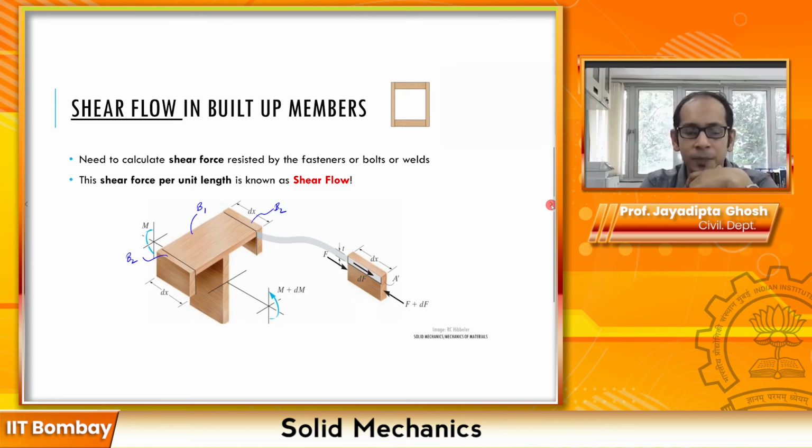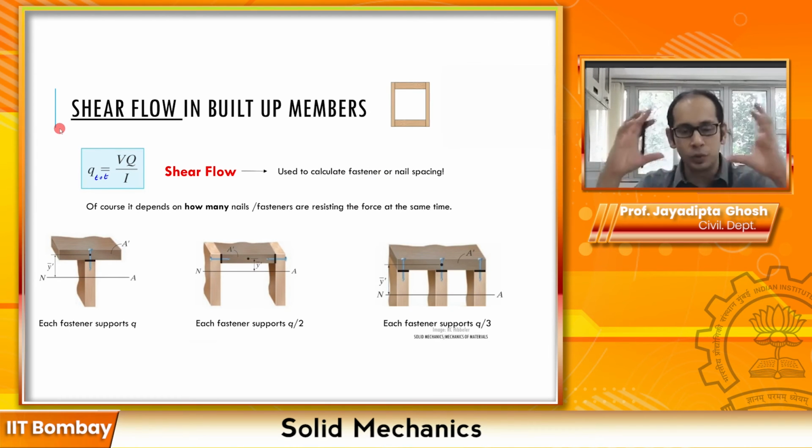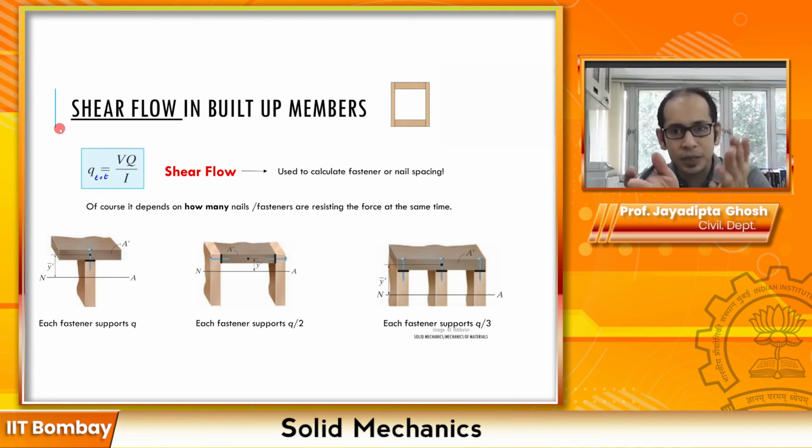Now as I said, Q equals VQ by I, and we have already seen this is the total Q again. So let's make a note of this. It is important to realize that the total Q resisting the total shear equals VQ by I. Now this again brings us back to when you have, instead of one row, two rows of bolts or three rows of bolts.